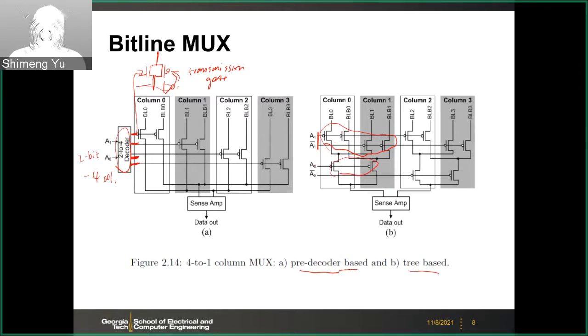So it's like a tree, but this is not preferred if your address bit count is large, because with more stages and more bits, the signal will pass through more stages of pass gates, so you introduce more delay in the column sensing. So it's preferred to have this column decoder.